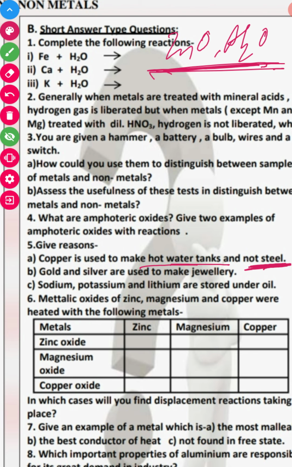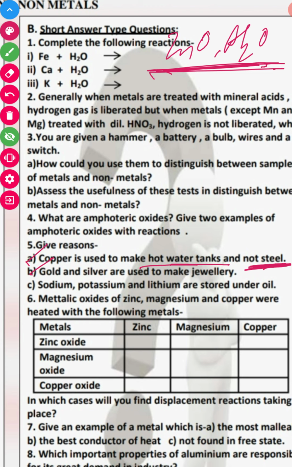Due to these properties, these metals are used for making jewelry, and they are called noble metals. So students, which are the properties? Gold and silver are very less reactive, as well as lustrous. They are malleable and ductile, so they can be easily drawn into wires and thin sheets, and are used for making jewelry.